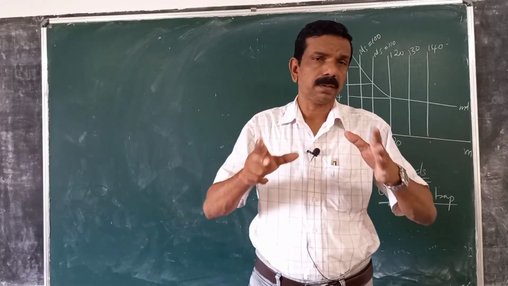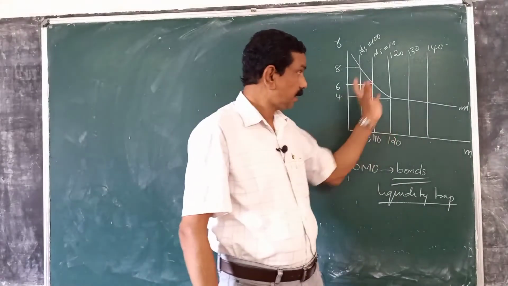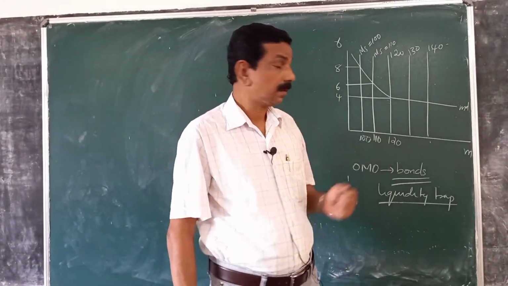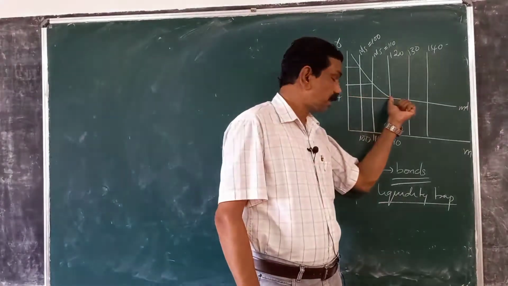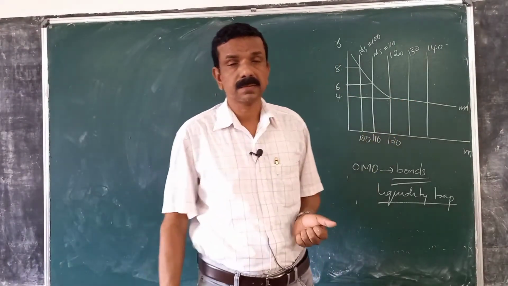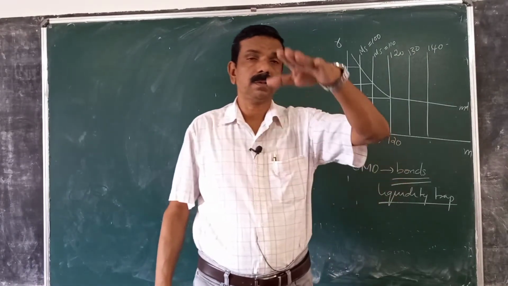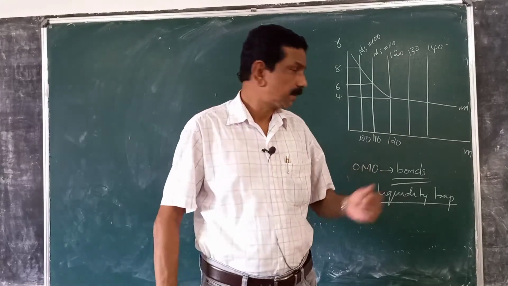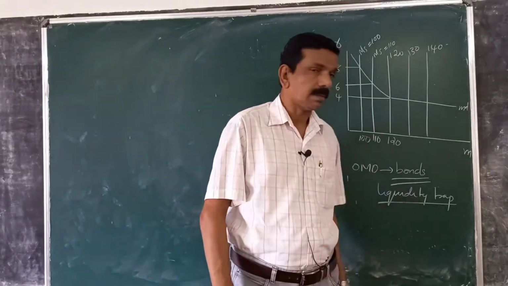That is the point of very high security prices and very low interest rates, a level of interest rate at which wealth holders believe that the interest rate will not go down further. This point is known as liquidity trap.